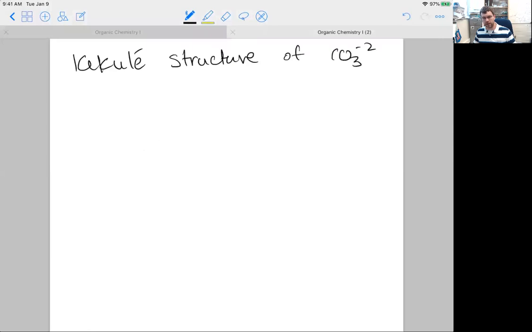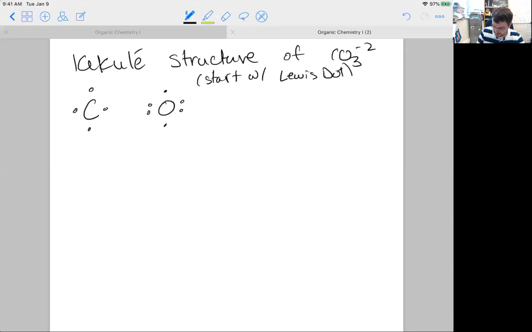Okay, so on a Kekulé structure, we would have C with 4 dots around it. And I should clarify, let's start with a Lewis dot structure. So we'll have a C with 4 dots around it, an O with 6 dots, 2 of which are separated to spread out the electrons as much as possible.